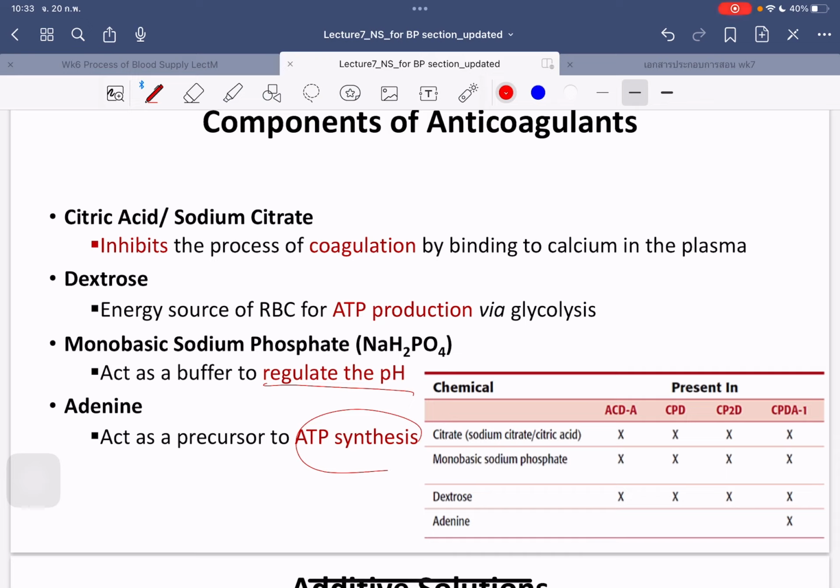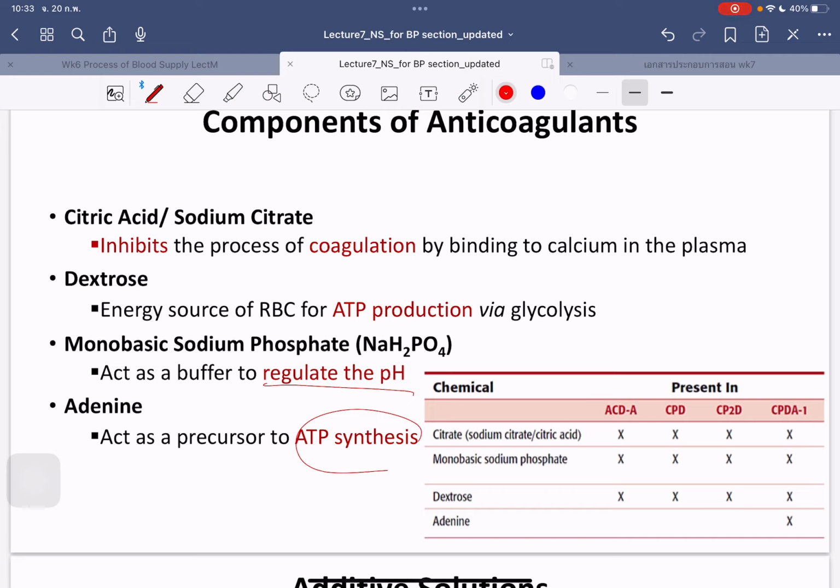When you use glucose in a non-oxygen condition, the end product will be lactic acid. It will decrease the pH. That is correct. It means that if you use only that one, you will have a limitation on the shelf life of the red blood cell in the short term.